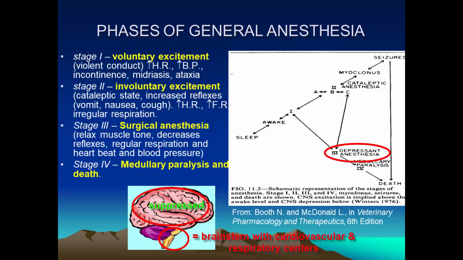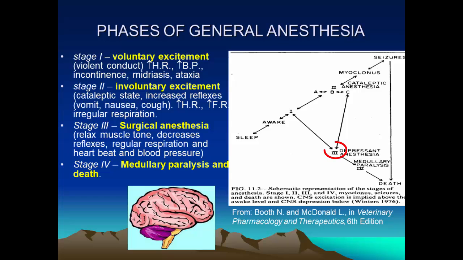So ideally, the animal is now having a regular and stable breathing and heart rate, and as long as these are capable of maintaining a good perfusion to all the organs and oxygenation to the tissues, the animal is going to be fine. As I will mention in a minute, most of the complications of anesthesia will come from the cardiovascular and respiratory systems not doing their job.